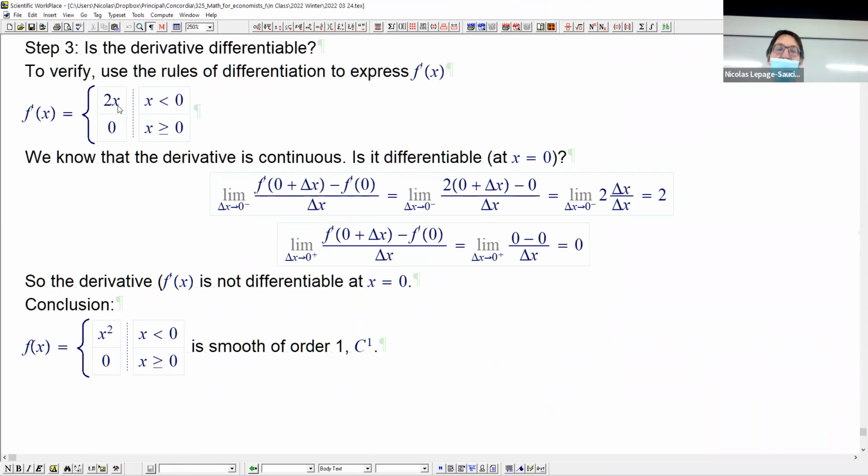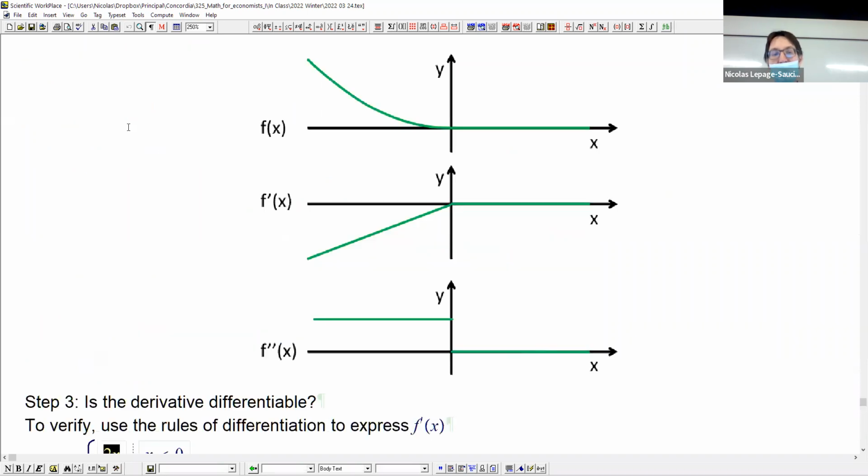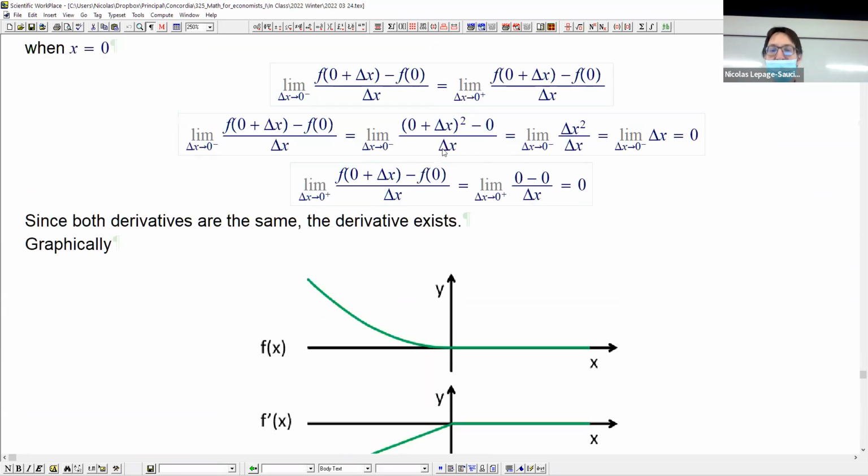Then I would find the same, so I would conclude that it's differentiable. But I prefer doing it this way.